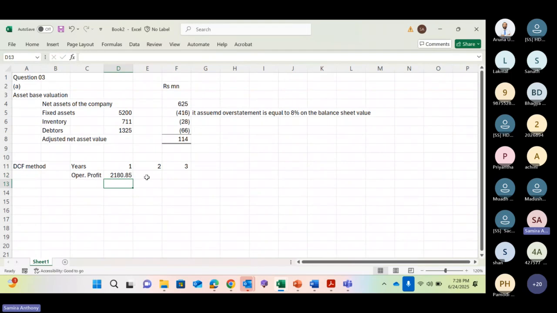Then next year also increased by 5%. Like this it will increase.